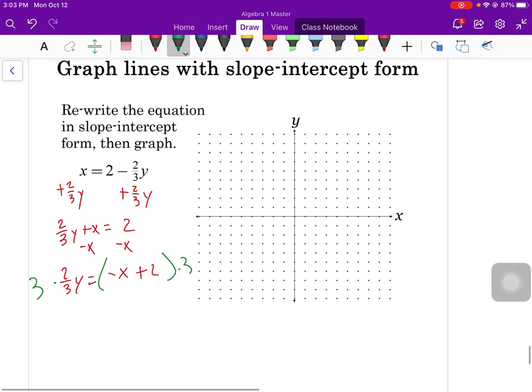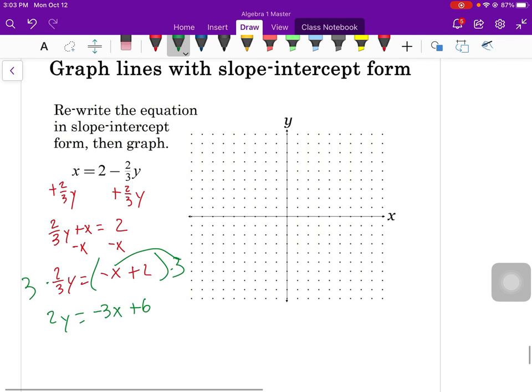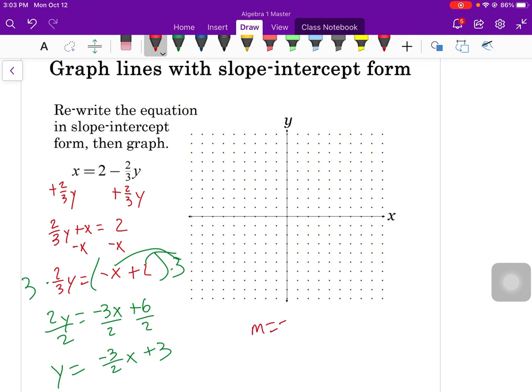Now I'm going to multiply both sides by 3 to get 2y equals -3x plus 6 when I distribute this 3. Divide everything by 2 to get y equals -3/2 x plus 3.